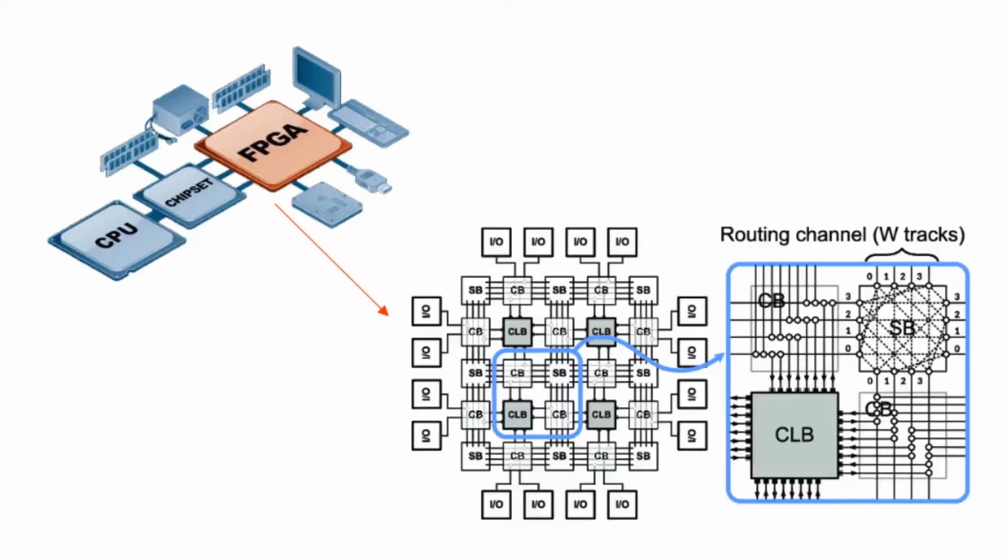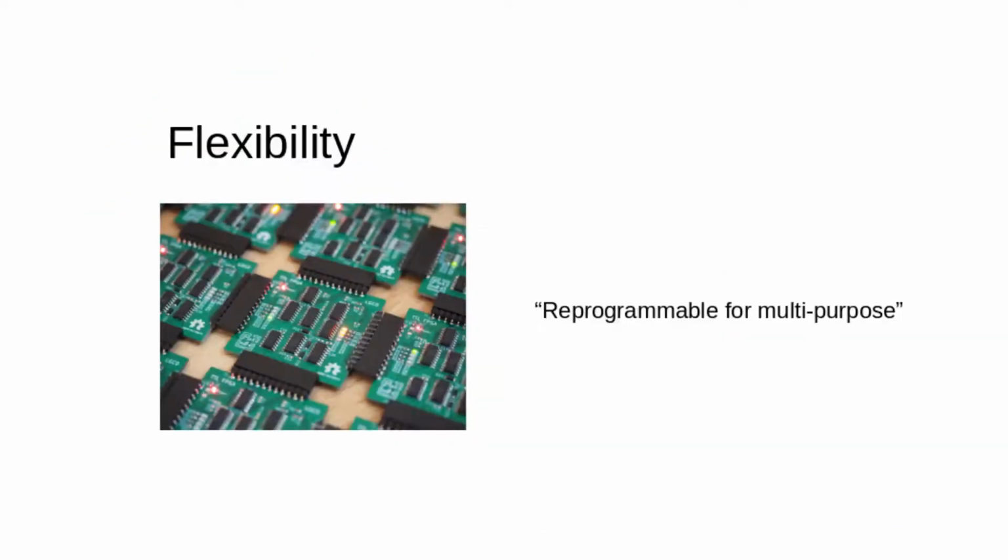FPGA helps in modern applications, and it is used in many kinds of industrial areas, one of them being artificial intelligence. The key point is the advantages of FPGA technology. First is the flexibility.